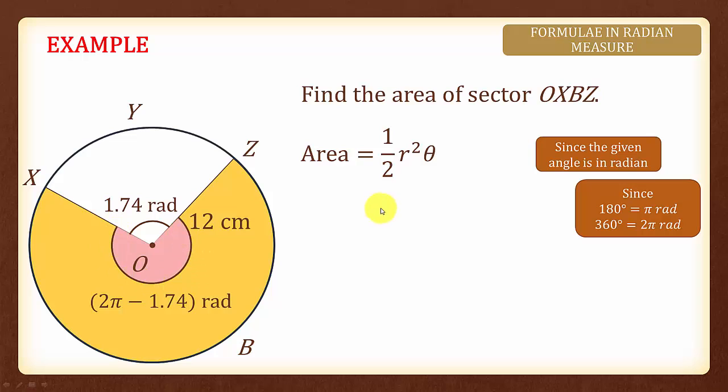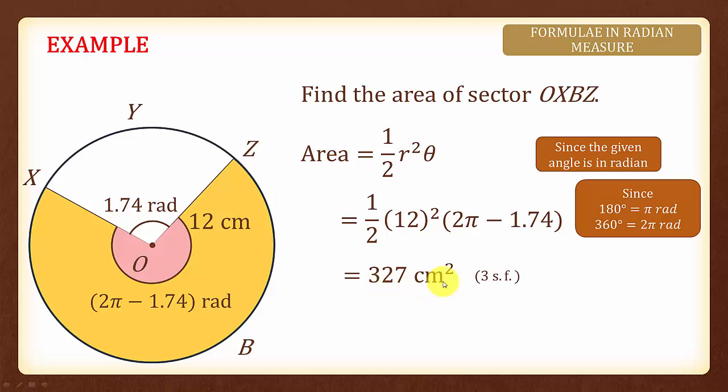Substituting in the values, we will have half times 12 square times 2 pi minus 1.74, which is the angle theta here. Pressing the calculator, we will have 327 square centimeters rounded off to 3 significant figures.